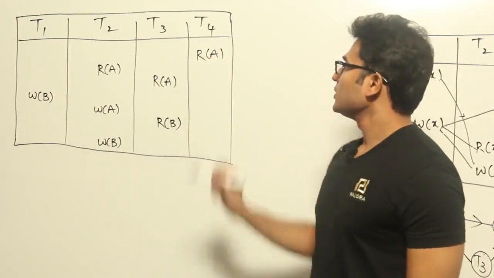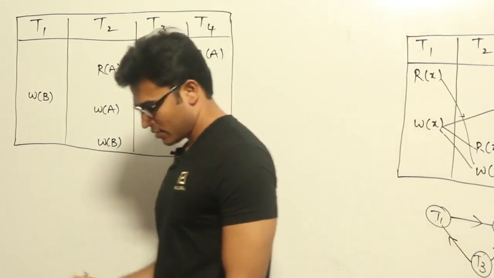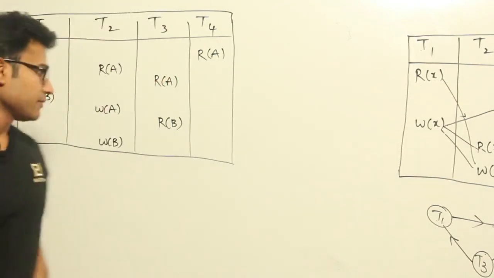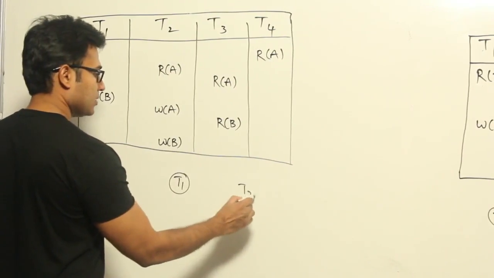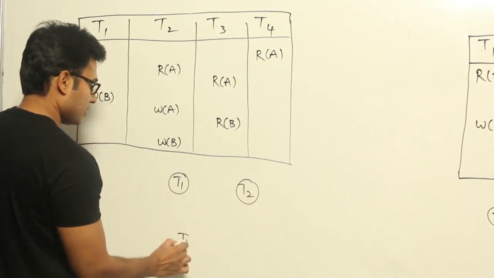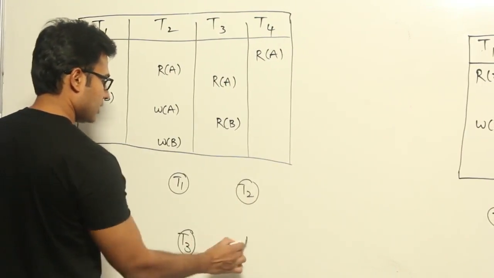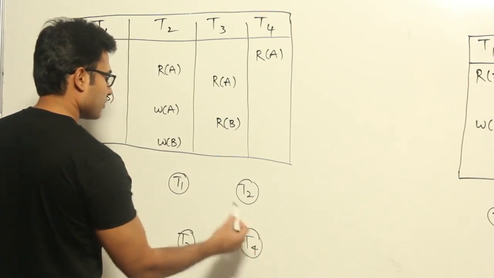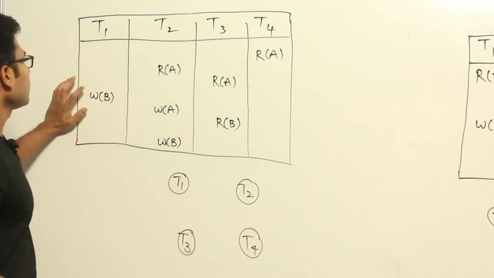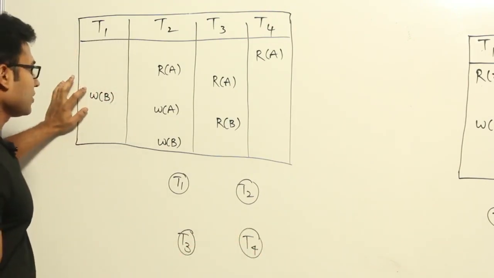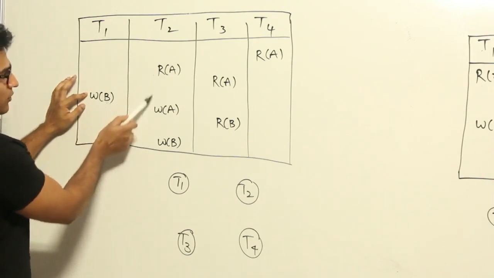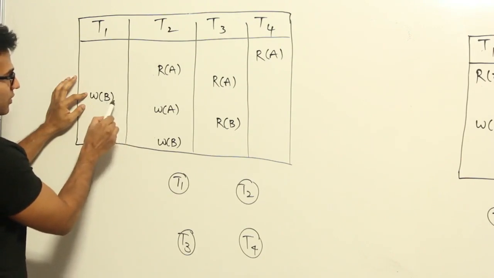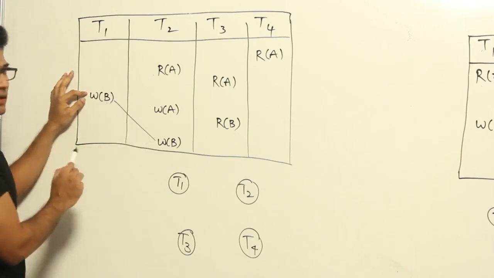Now T1, T2, T3, T4. So for each one I have to write one node. Let us say here T1, T2, T3 and T4, right? Now let's take each action and compare with all the other actions. So W of B, no conflict, no conflict, yes, there is a conflict, right?